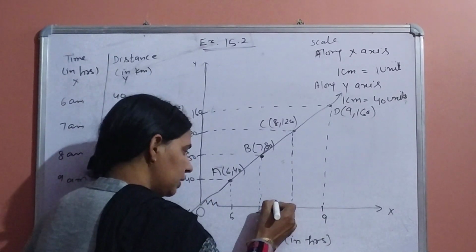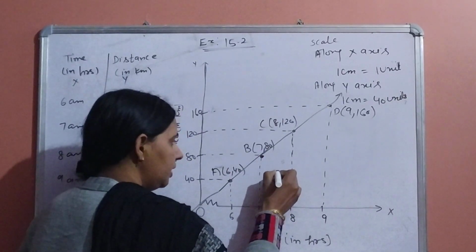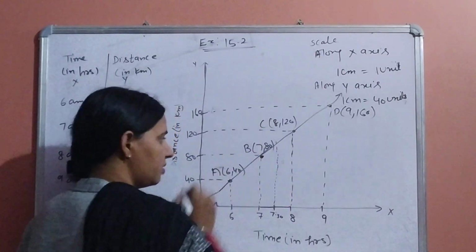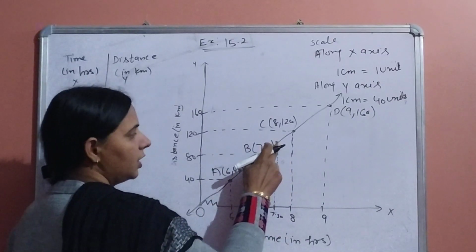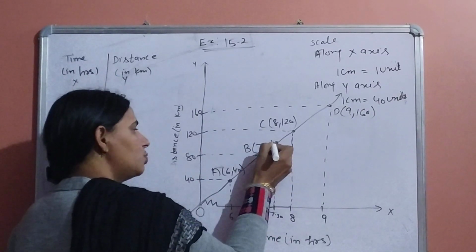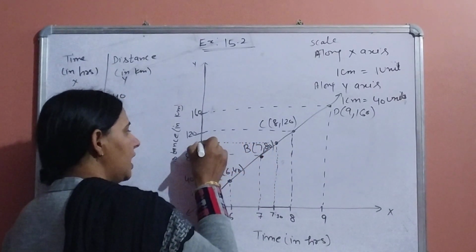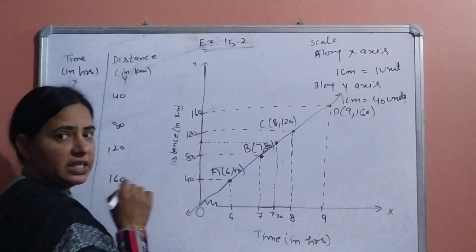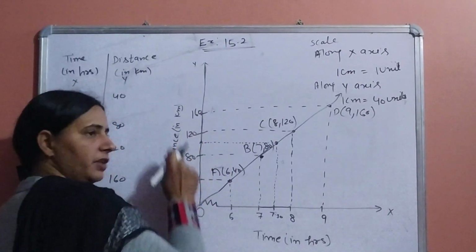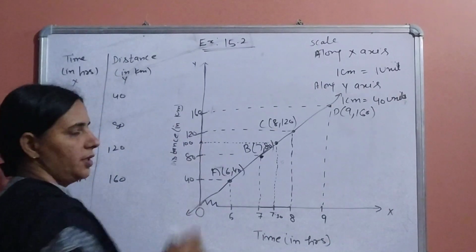That means when the value of x is 7:30, we have to find out the distance. So draw a line from x equal to 7:30. This touches the graph line at this point. Now from this point you draw a perpendicular line to the y-axis, and you will see this line touches the y-axis at the mid of 80 and 120, and the mid of 80 and 120 will be 100.